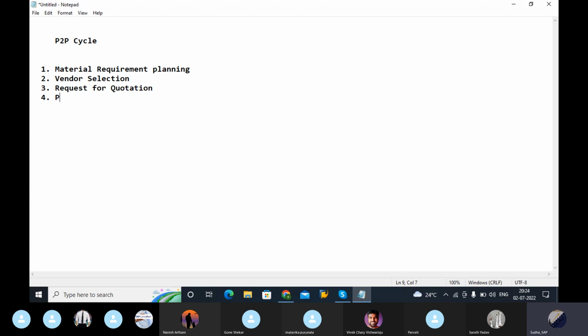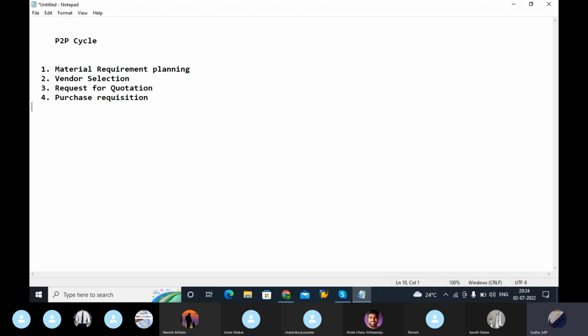After that comes the purchase requisition, also known as PR. In our organization there are various departments. Departments may require some materials or services.